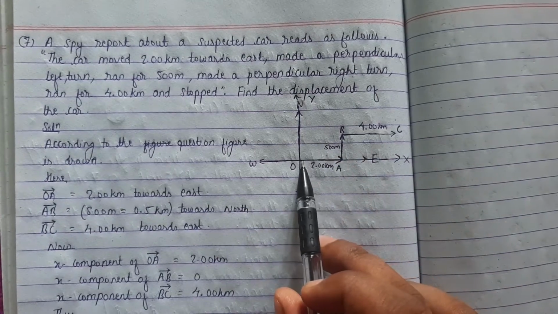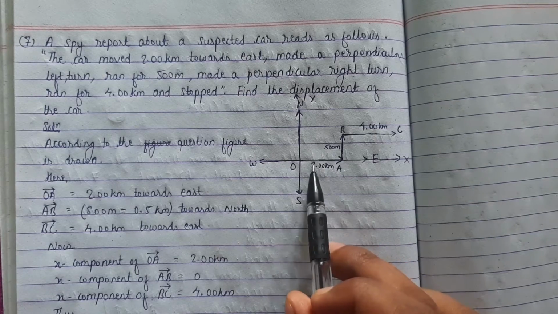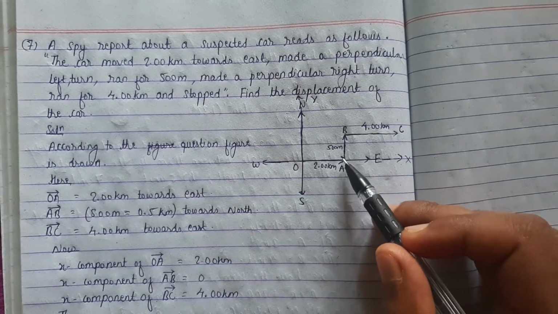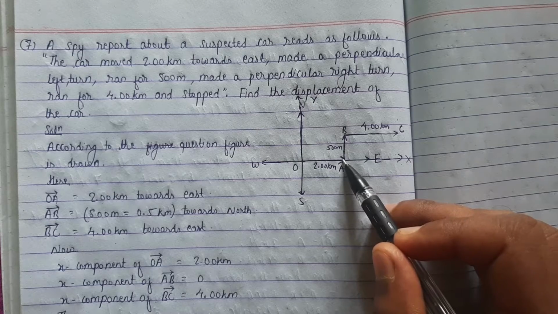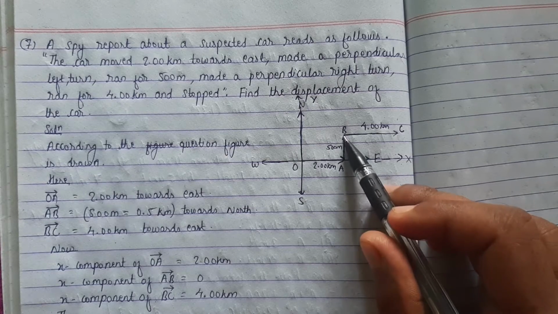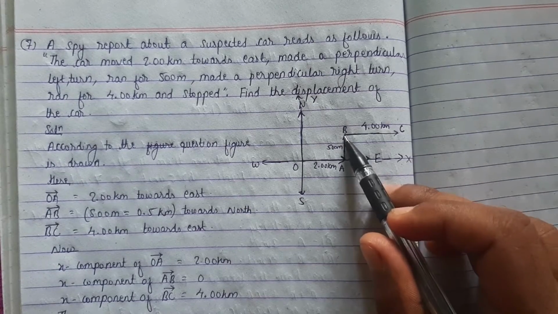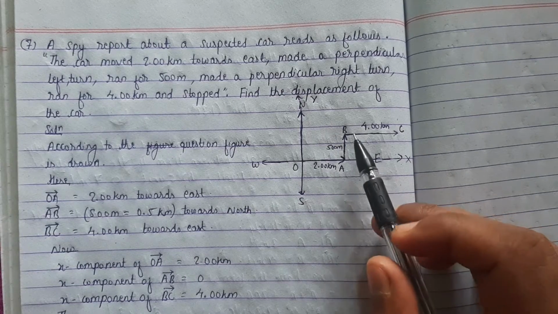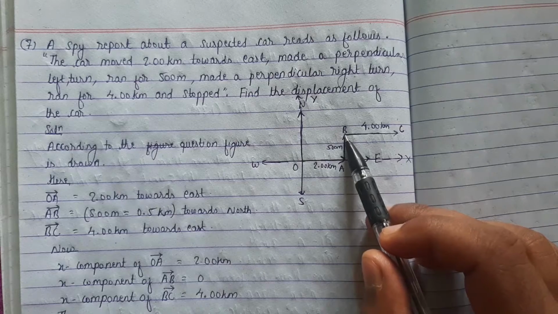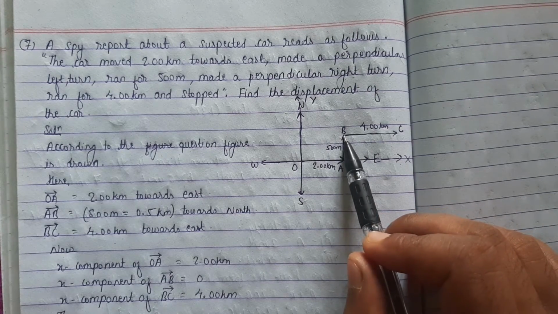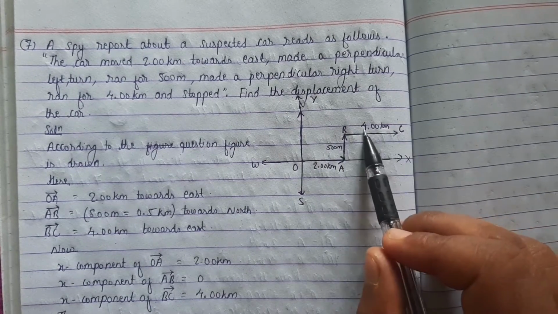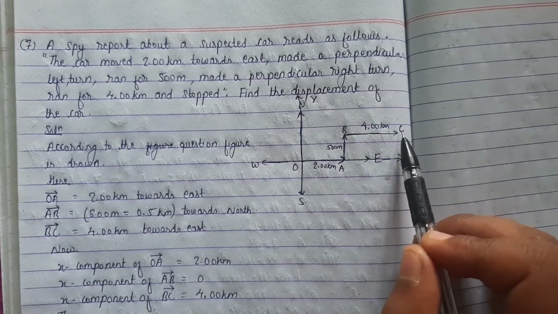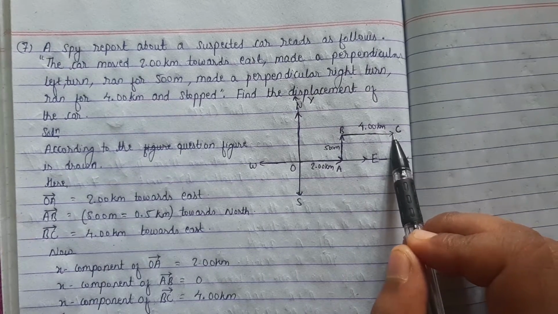Here the car moves first towards east 2 km and turns perpendicular left turn, that means towards north direction, and runs for 500 meter, and after then there is the perpendicular right turn and runs for 4 km and there it stops.